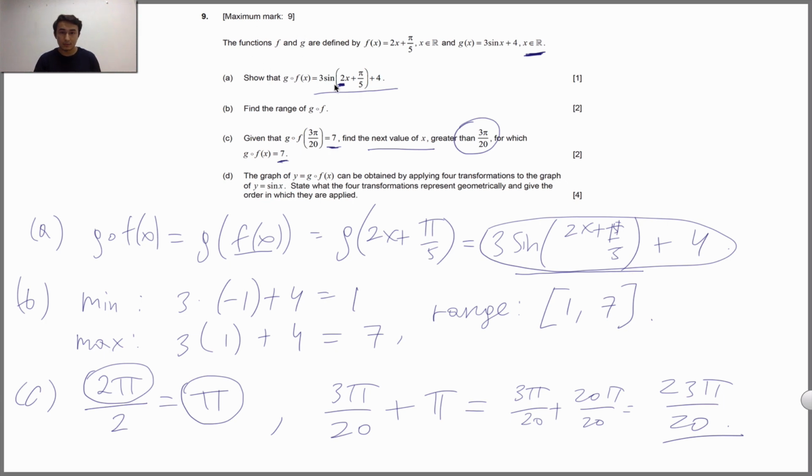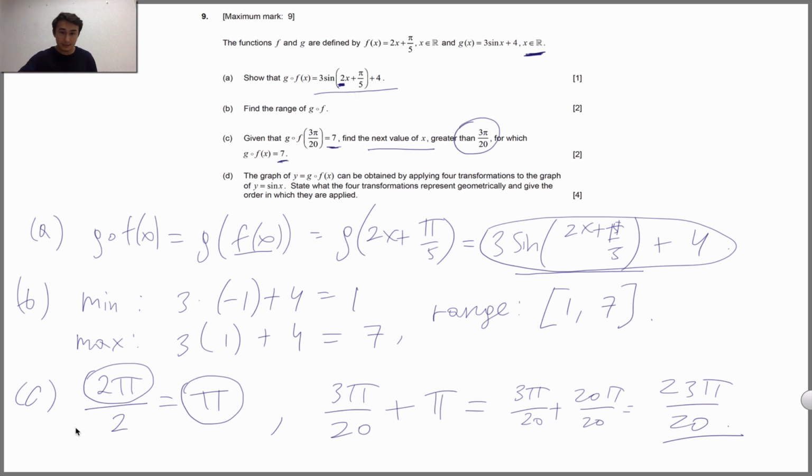So the first is 2x, which will be a horizontal stretch by a factor of 1 over 2. Remember this, 1 over 2, not 2. Horizontal stretch by a factor of 1 over 2. And then plus pi over 5 means a horizontal shift to the left by pi over 5, because we have plus, it means left.